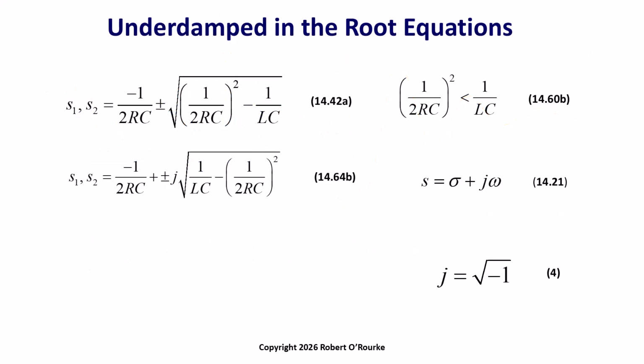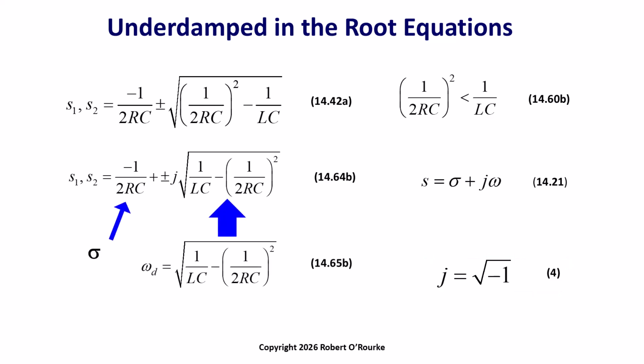Good question. Let's look more closely at the roots equation for the underdamped case. When the inequality in equation 14.60b is true, a j term comes out from the radical sign as shown in equation 14.64b. J is the complex operator.